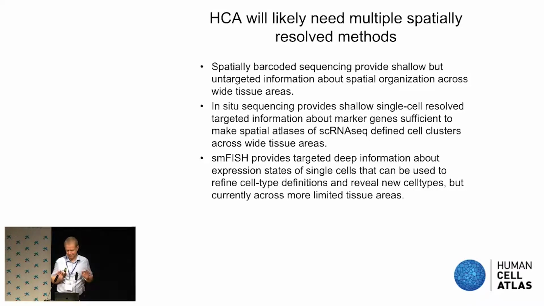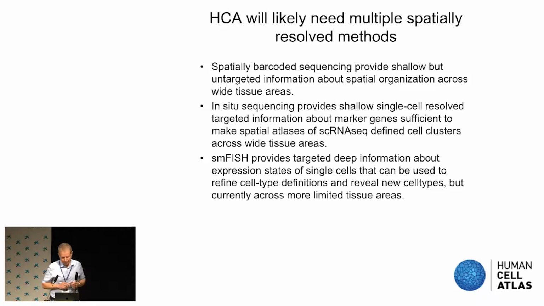And I think that the human cell atlas will likely need multiple spatially resolved methods because they generate different types of data. So spatially barcoded sequencing provides shallow but untargeted information about the spatial organization across wide tissue areas.